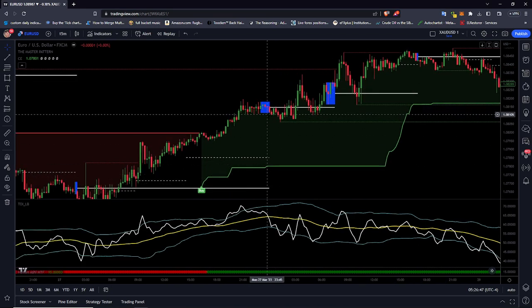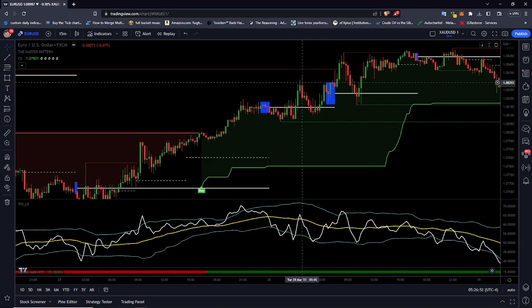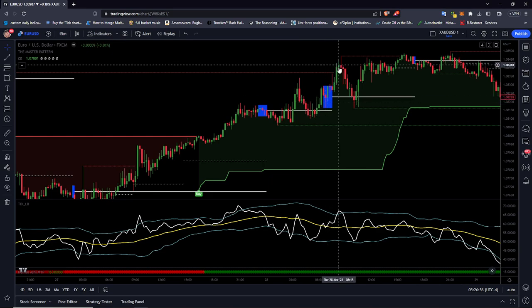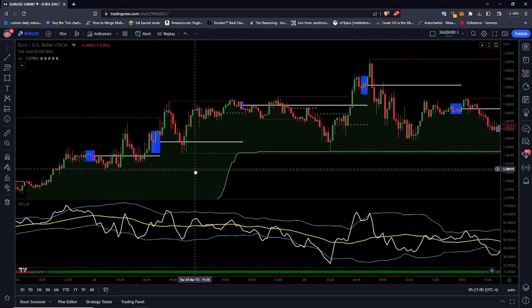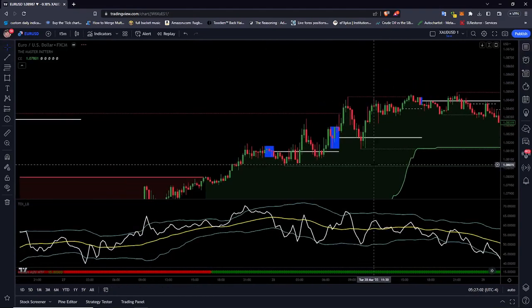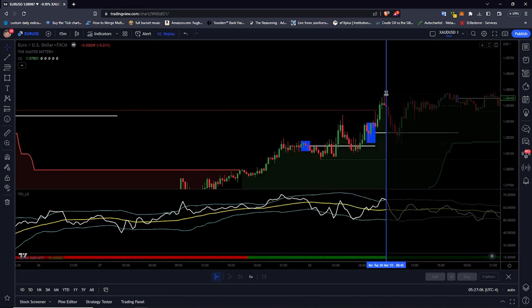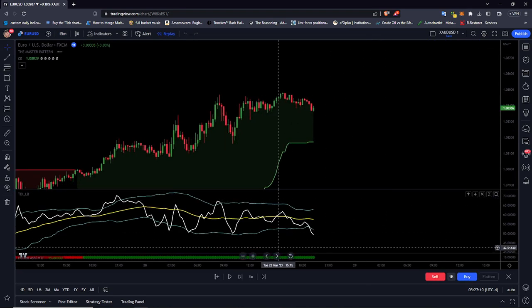Buy zone, structure, below value, shark fin, bought, profits. Below value, shark fin, bought, profits. Let's replay here. So we are in the buy zone.